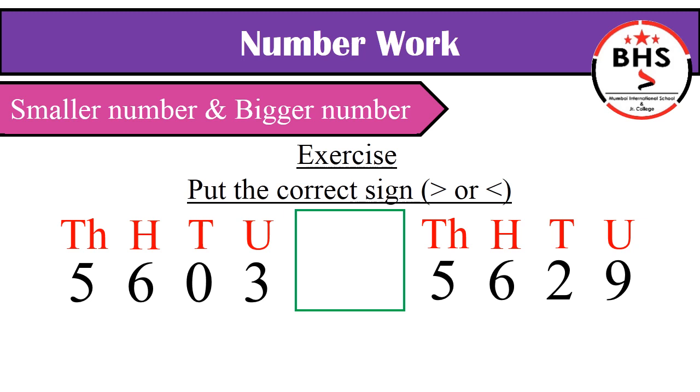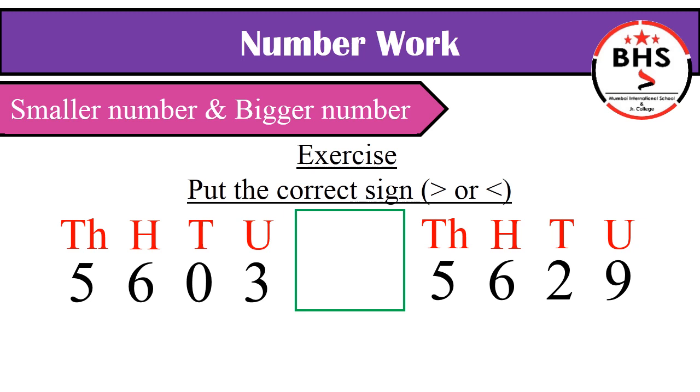In 5,603, 0 is at the tens place. And in 5,629, 2 is at the tens place. So children, which is the bigger number? 0 or 2? Yes, 2.